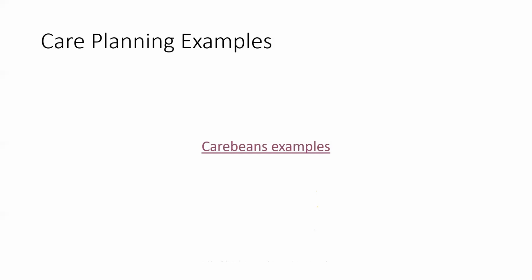We're going to go onto the system and show you what we have on the system currently in terms of moving and handling assessments and falls assessments, and alerts and care plans that we can put in place as well. So we're going to go on now to my system.